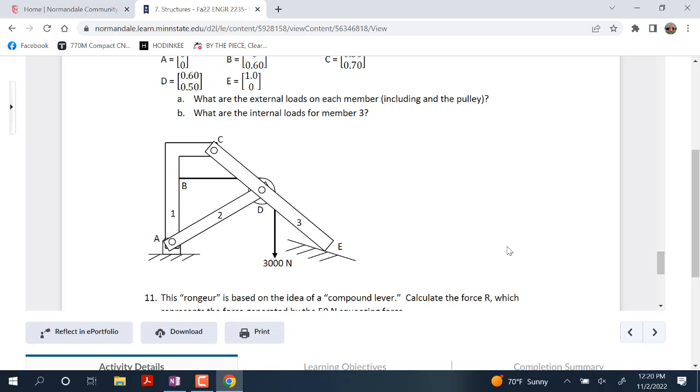And then, since 2 is the lowest numbered member there, it would have a force on, let's call that pulley P, body P, okay? So there would be a force F2P, and then there would be the two cable forces. So that's one way you could do it.